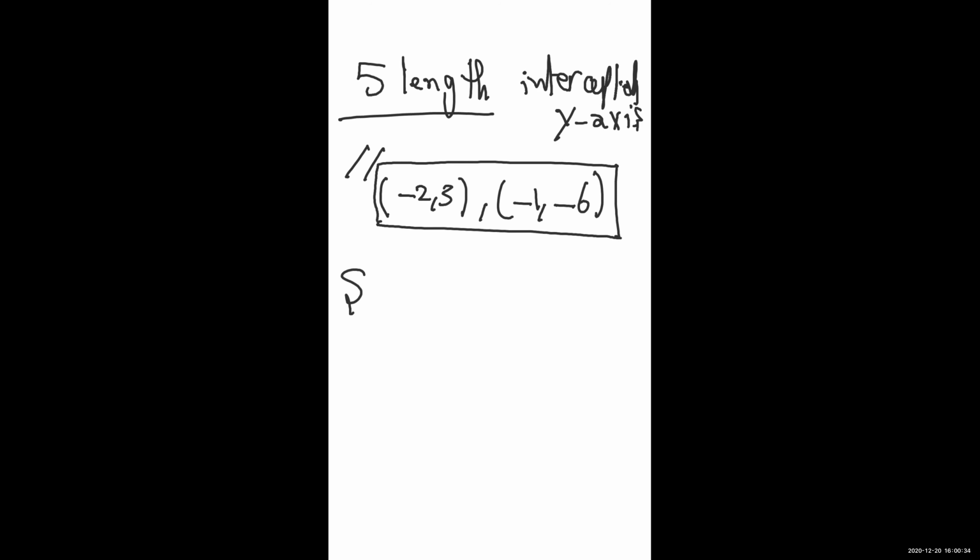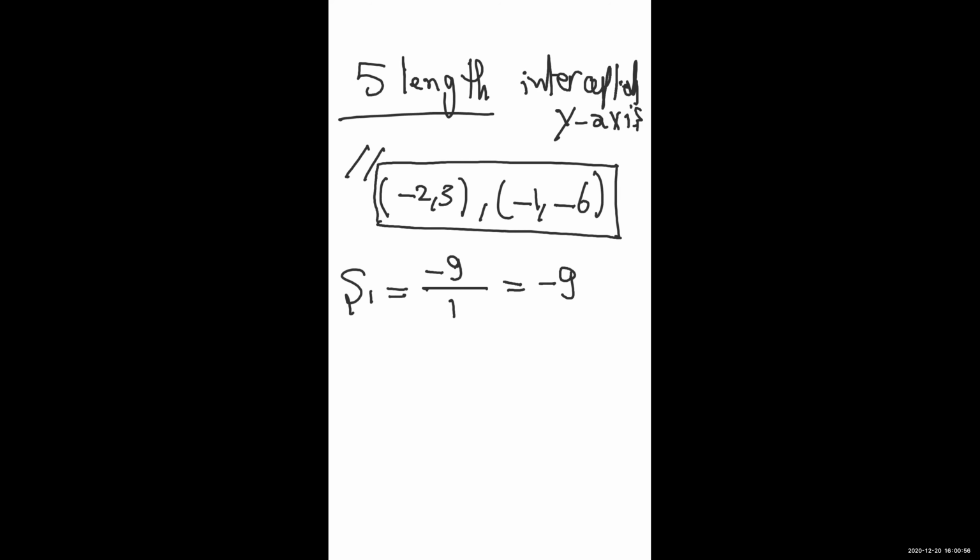So slope 1, for example, will equal -6 minus 3, so -9, over -1 minus -2, so -1 plus 2, which is 1. So the slope will equal -9.